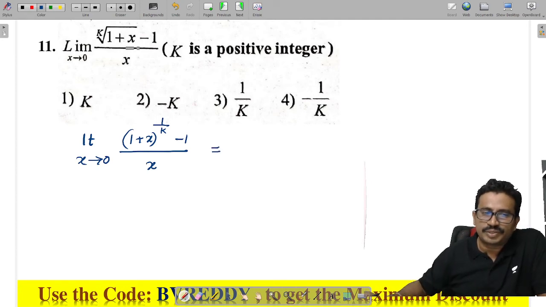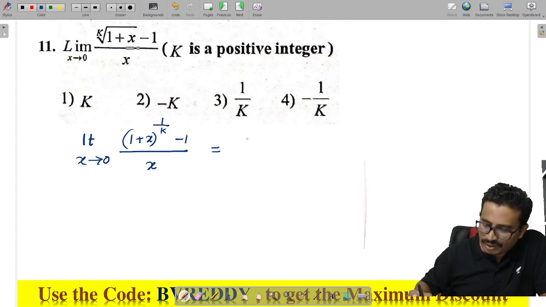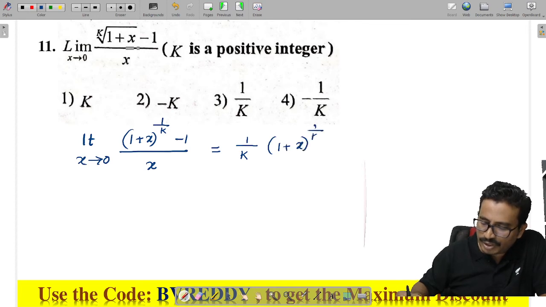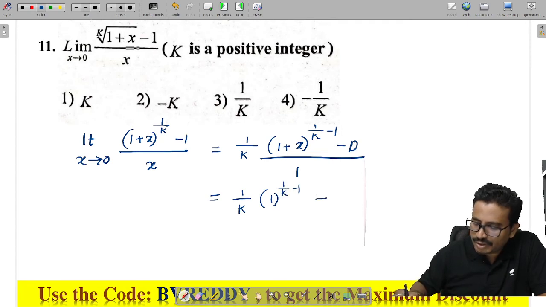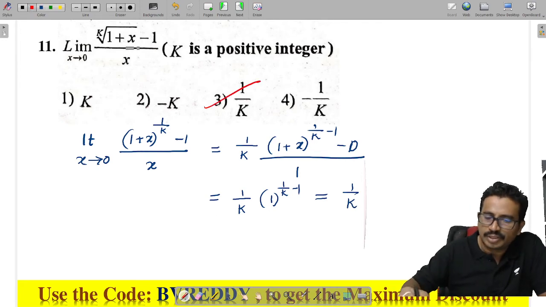Now if I substitute, we get 0 by 0 form, so we'll go for L'Hospital rule, that is 1 by k into (1 plus x) whole power 1 by k minus 1, minus derivative 0, by 1. Now substitute x is equal to 0 here. That is 1 by k into 1 power 1 by k minus 1, which is equal to 1 by k. So what's the option? Third option.